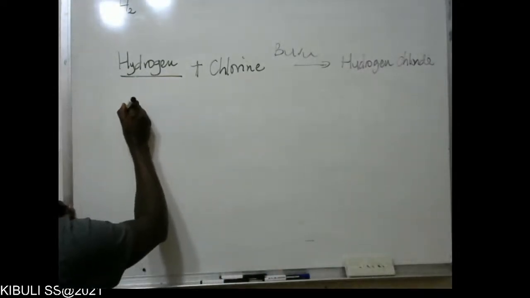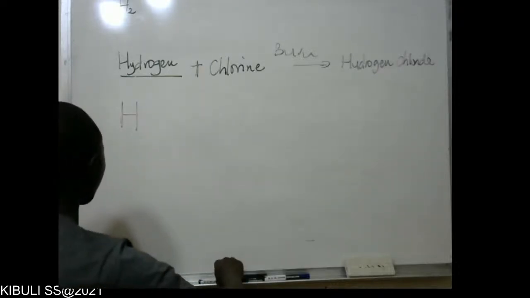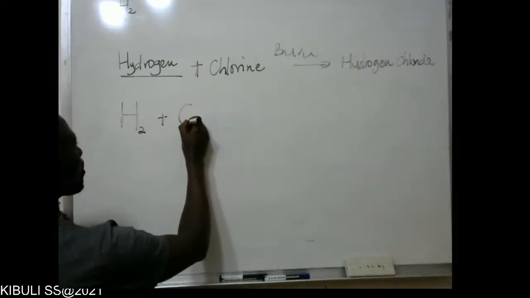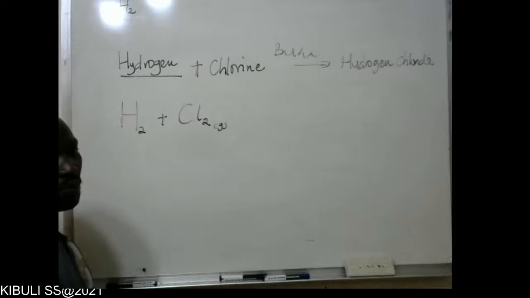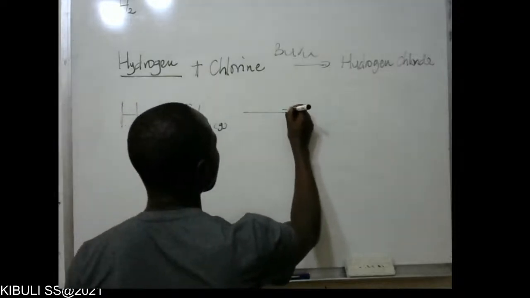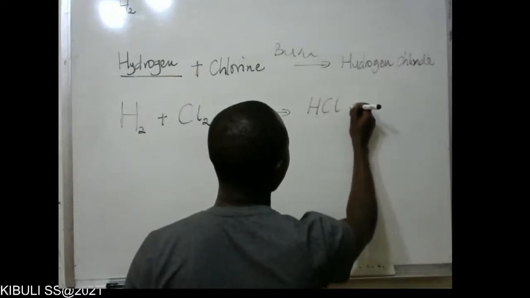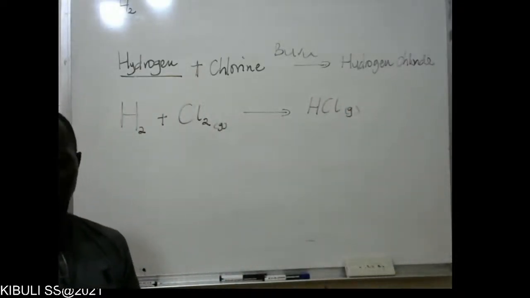So as chemists, we want you to remember that the formula for hydrogen is H2 reacting with the chlorine, which is also a gas. So our product for this reaction is what we are calling hydrogen chloride, and hydrogen chloride is a gas. We need to balance the equation.